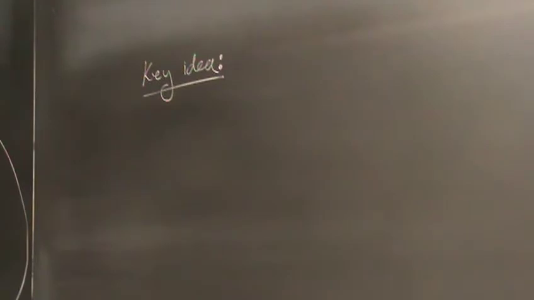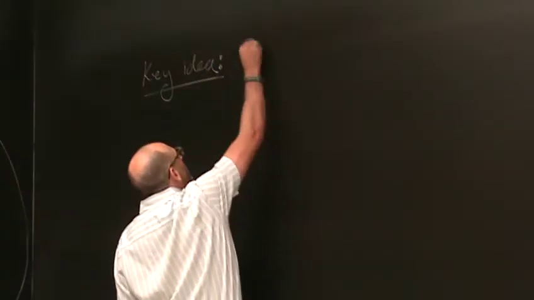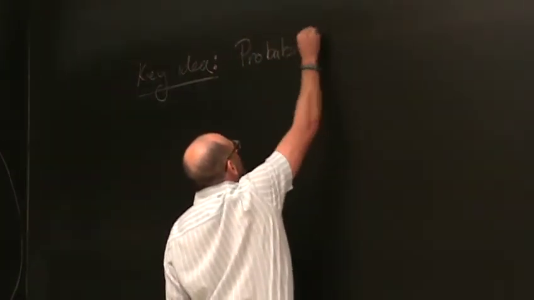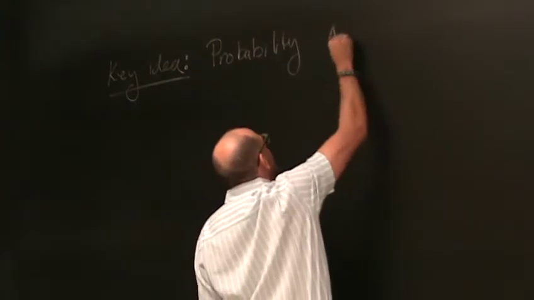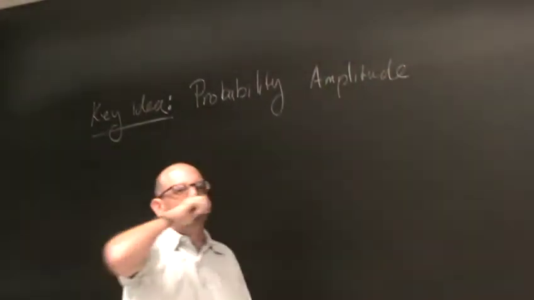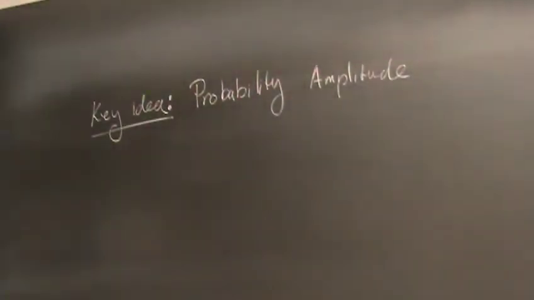Well, I would say the most important idea that we want to understand at the most basic level is the notion of the probability amplitude. So, how are we going to motivate that?